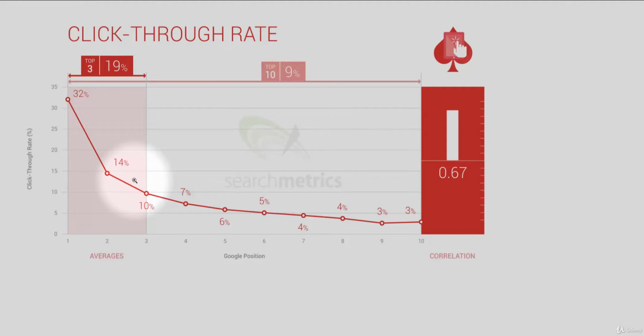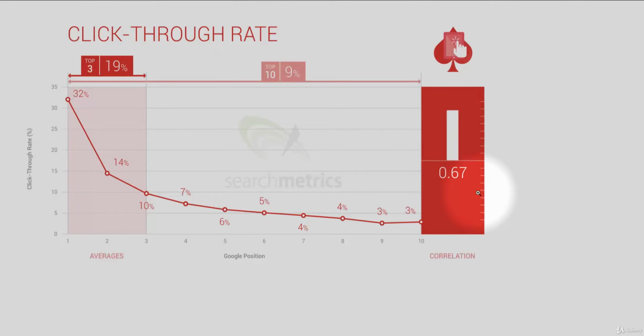This is a justification for the statement I said in the beginning of this lecture. Also, you can see the correlation factor is 0.67, which is the highest of any search engine ranking factor that we have seen till now in this course.